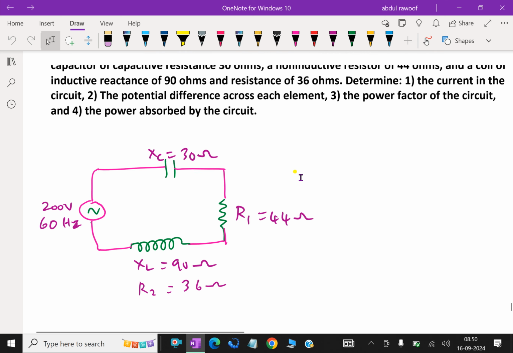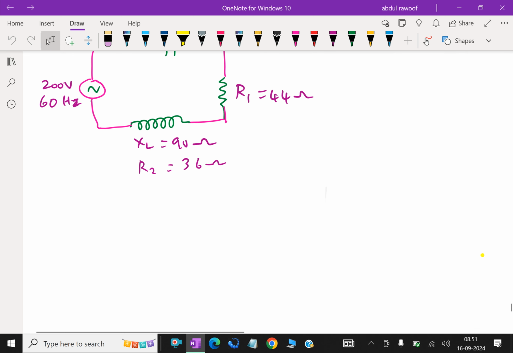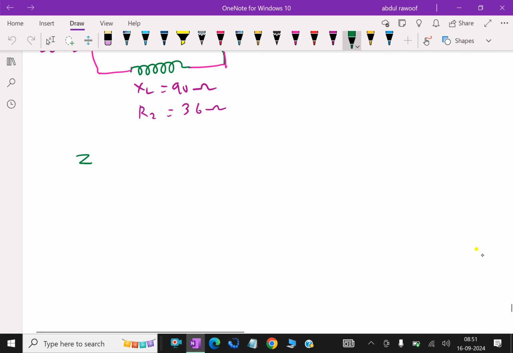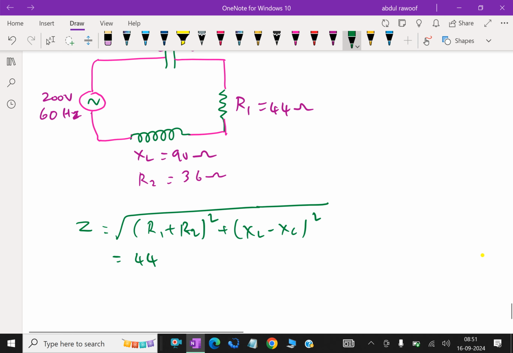First, we have to find the current in the circuit. For the current in the circuit, we have to find Z first. Z equals the square root of (R1 plus R2) squared plus (XL minus XC) squared.